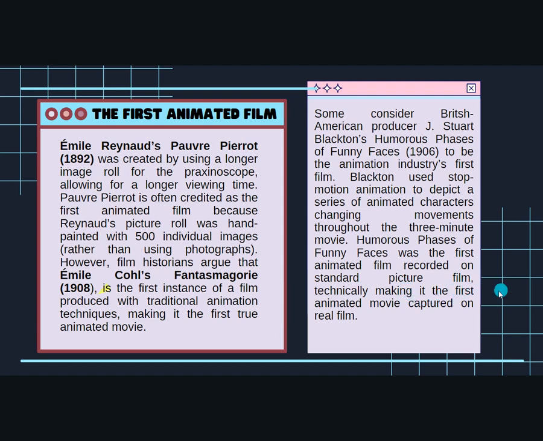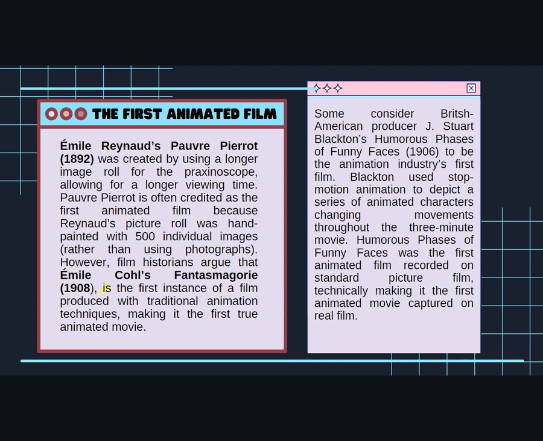In addition, James Stuart Blackton is known as one of the fathers of American animation because he created the first animation in America and was one of the first to use stop motion techniques.